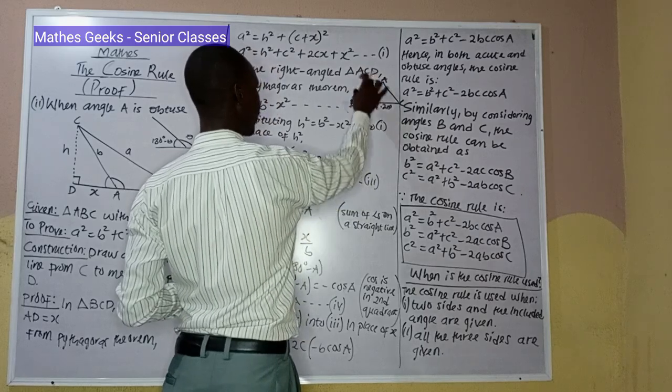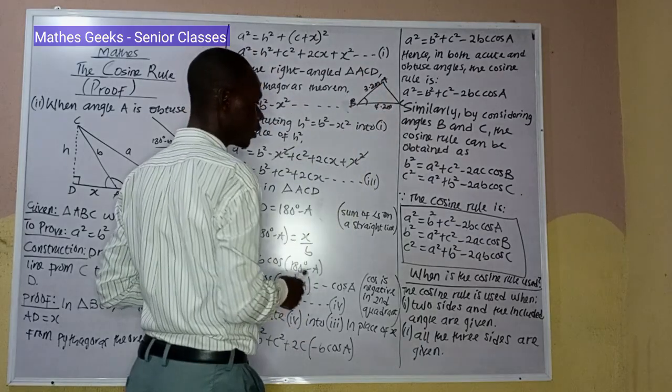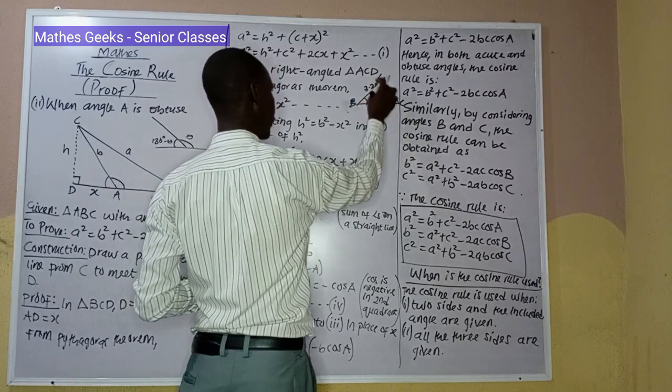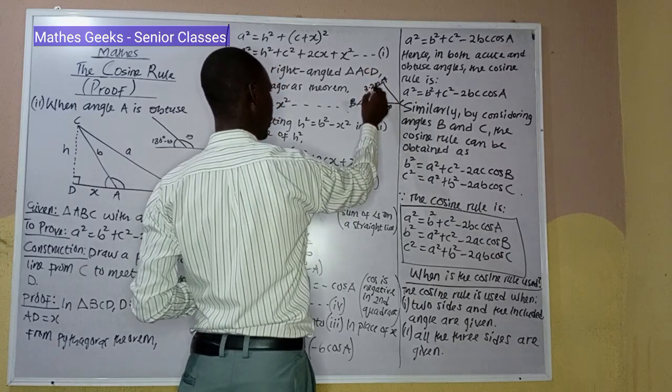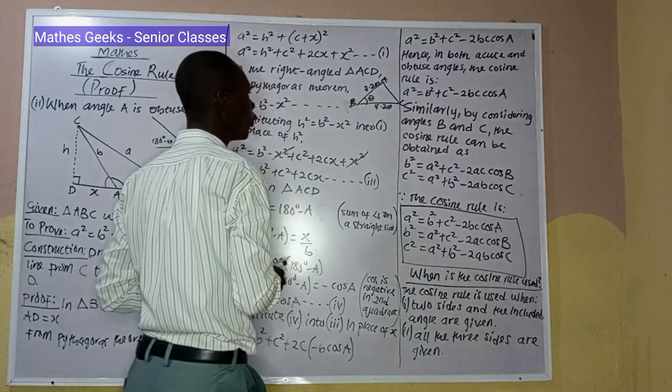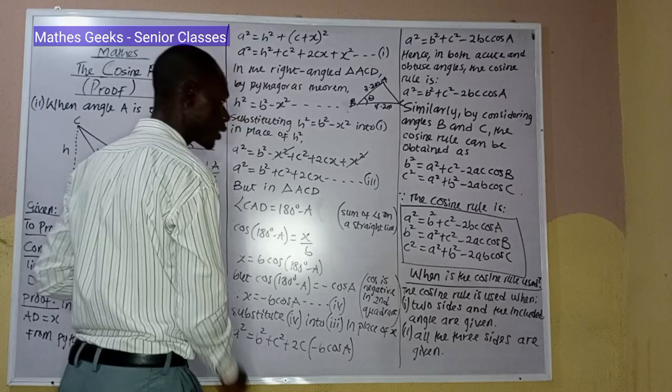So these two sides are given. The included angle must be between the two sides. Let's say here is theta. Then this is the only condition that warrants the usage of the cosine rule.